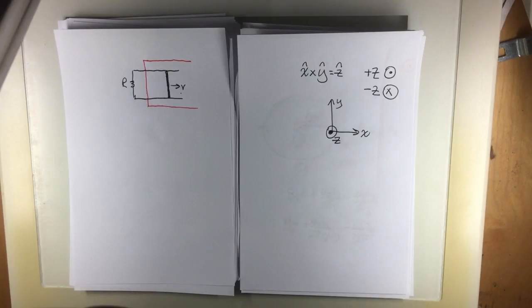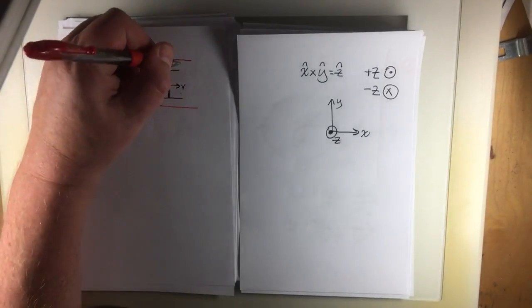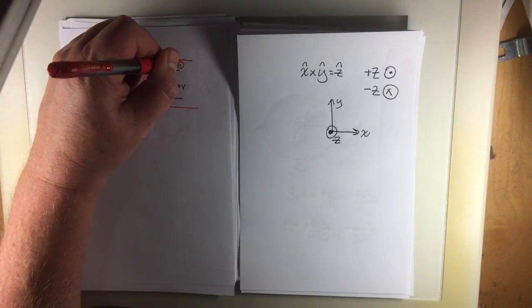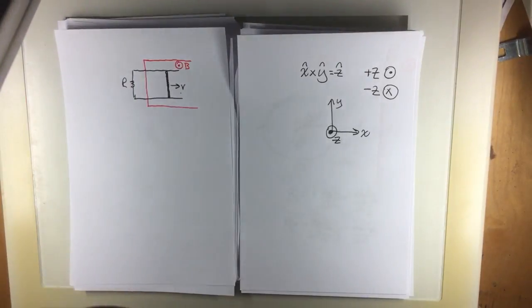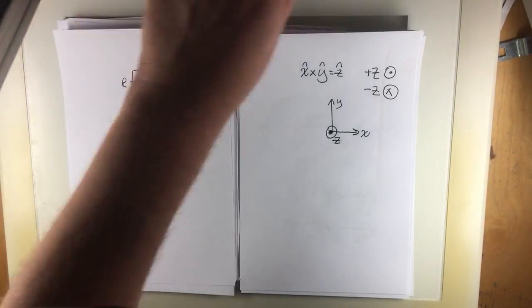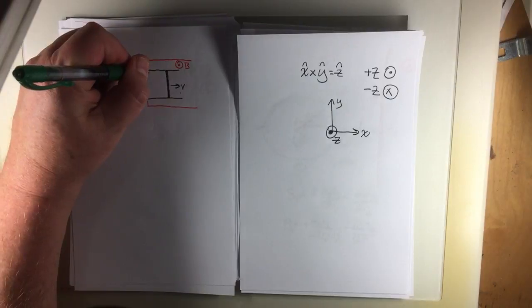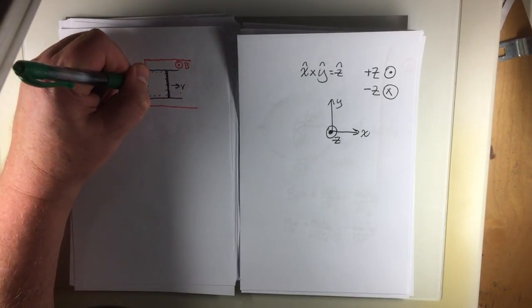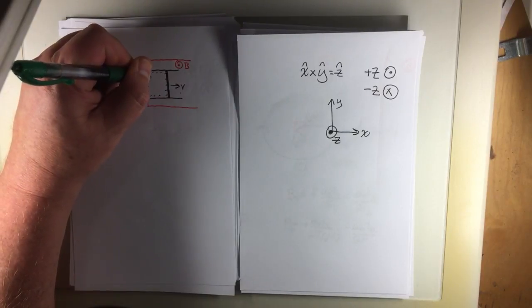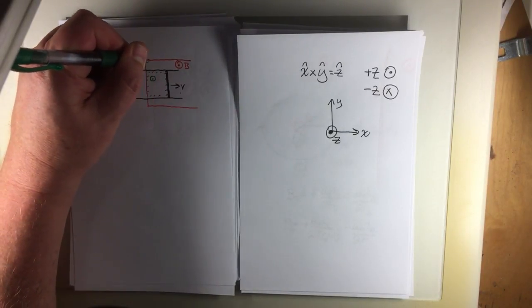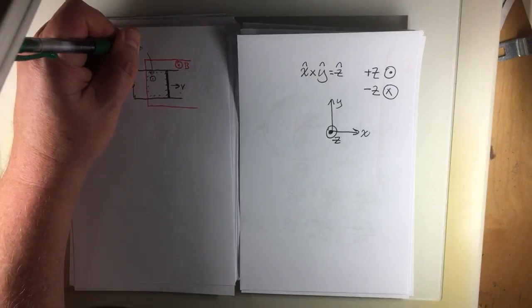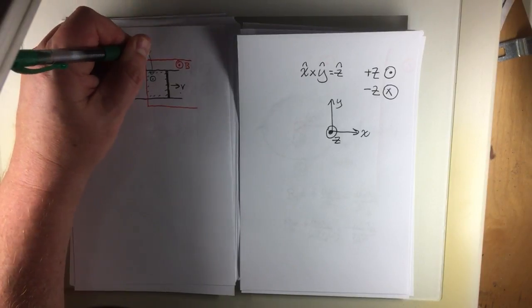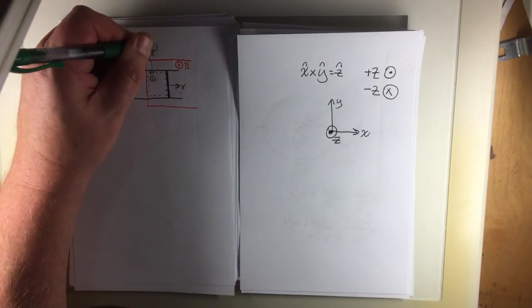But if you do the logic and the magnetic force isn't opposite of velocity, you've messed up. So the B field, let's say I give it to you and it's out of the page. That means the magnetic flux is coming out of the page as well.